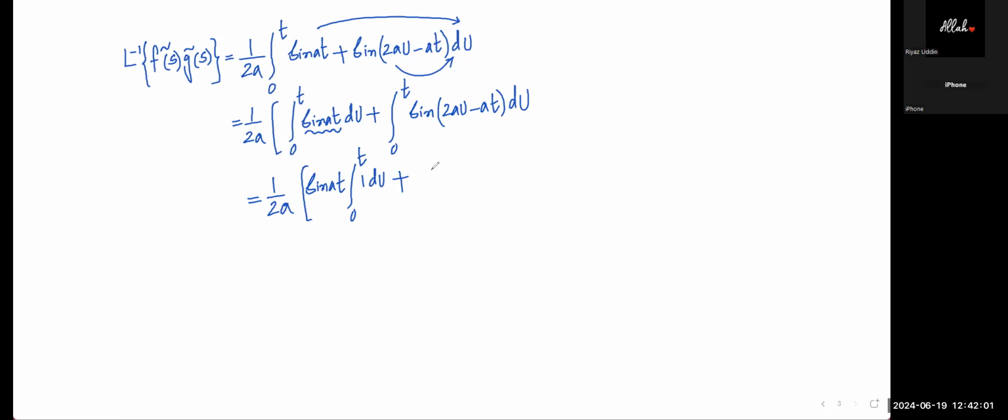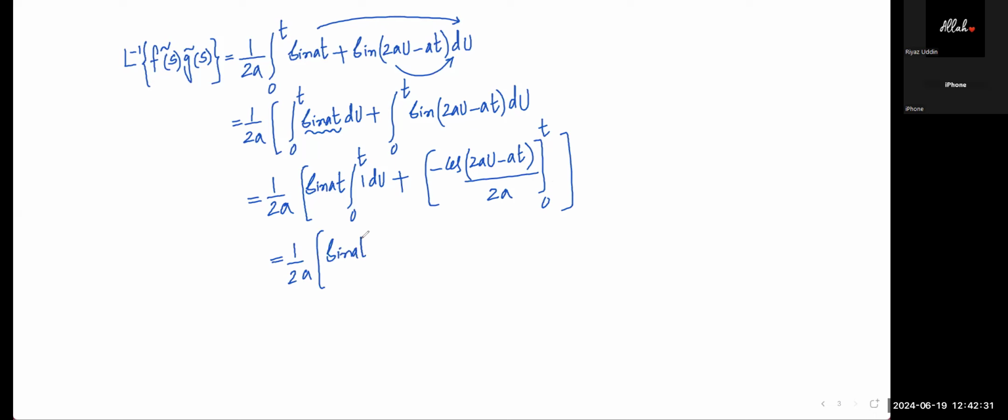Minus cos, right? Yes, sir. Minus cos of 2au minus at, because we are integrating with respect to u the coefficient is 2, and the limits are 0 to t. Because 1 by 2 is outside, one more bracket we have to close: 1 by 2 into sin at, a constant here because with respect to u, the integral of 1 du is u with limits 0 to t.